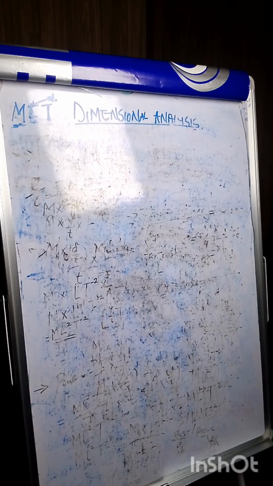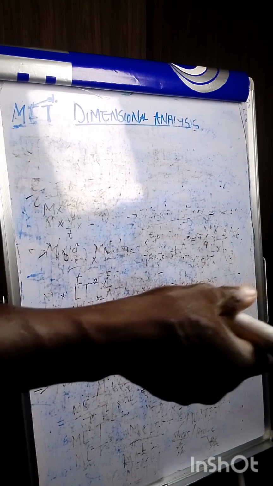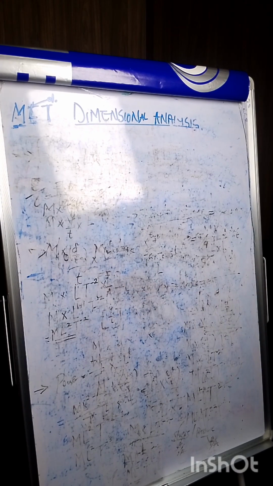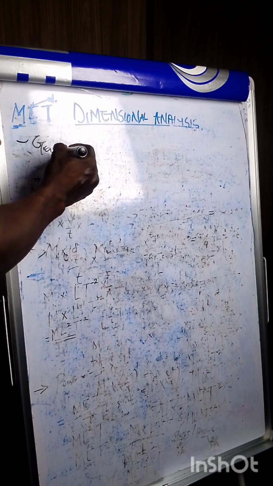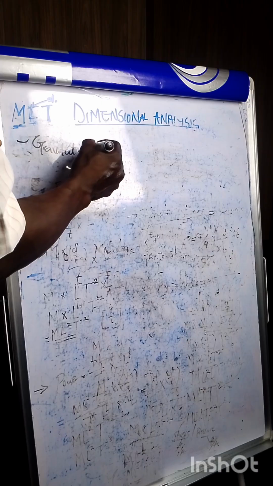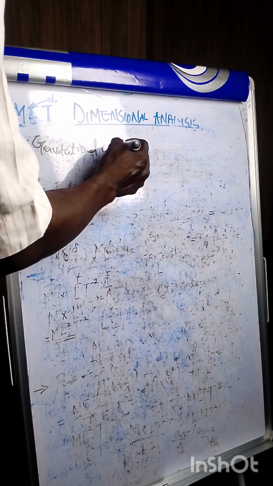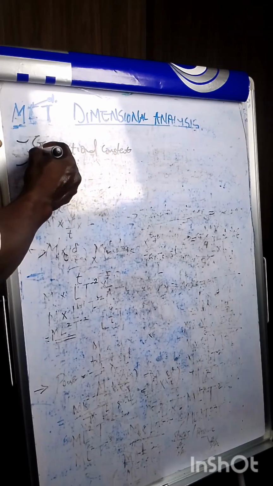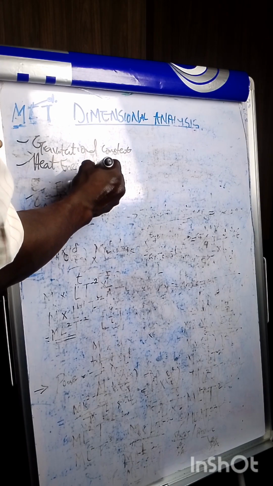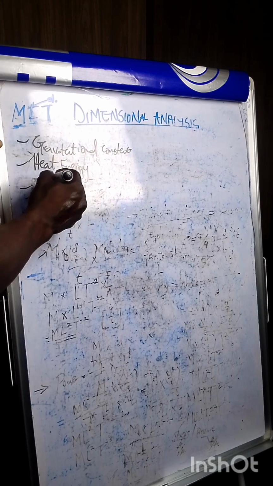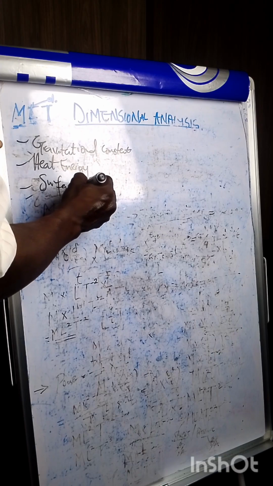So your assignment: you should solve for gravitational constants. Solve for your heat energy, find their dimension, solve for surface tension. They are very simple, solve for them.